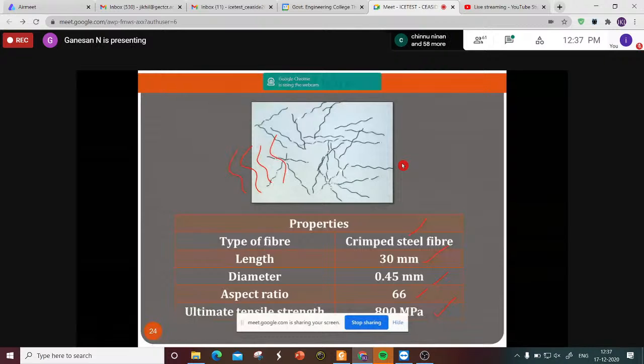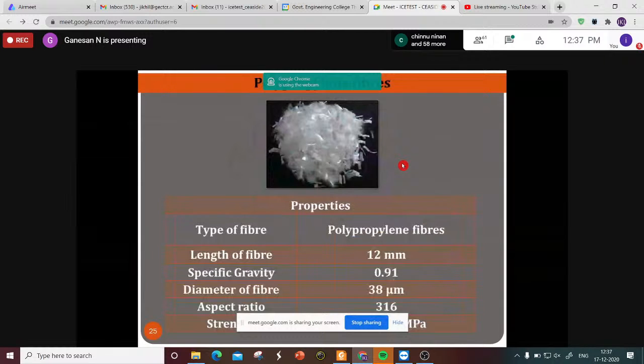And the polypropylene is a very thin fiber, length 12 mm, specific gravity 0.91, diameter 32 micrometer, 13 into 10 power minus 6 meter. So the aspect ratio, which means length by diameter, is high, and the strength is so much.